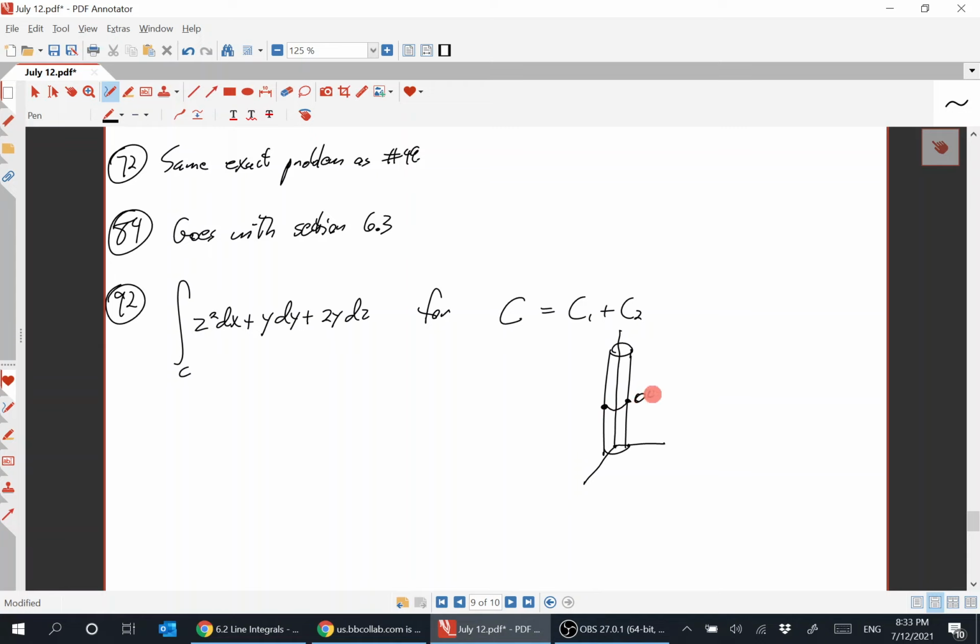So that's (0, 4, 3), or the other way around. I imagine that's the direction they're talking about.